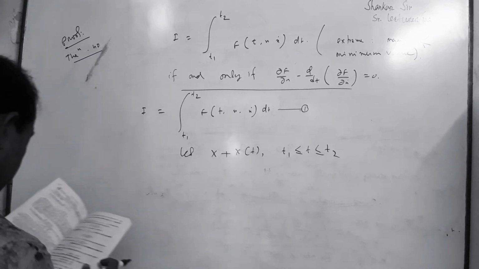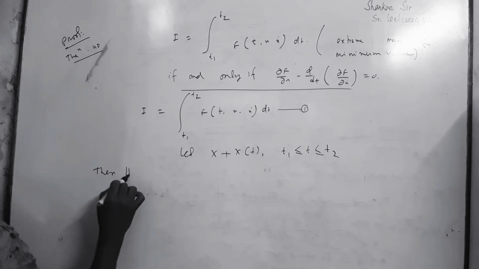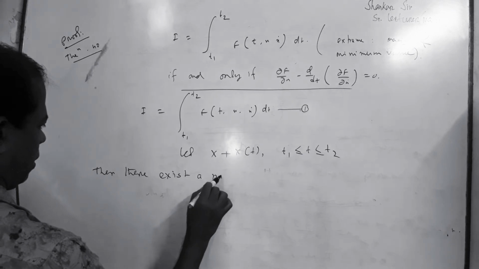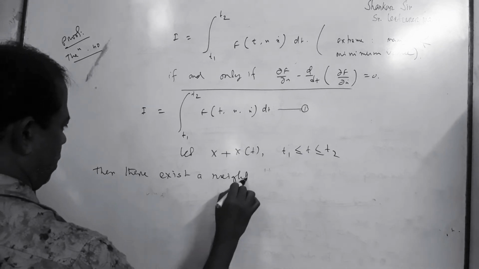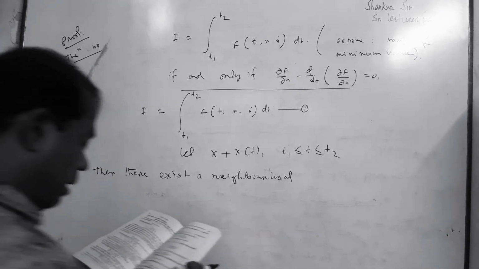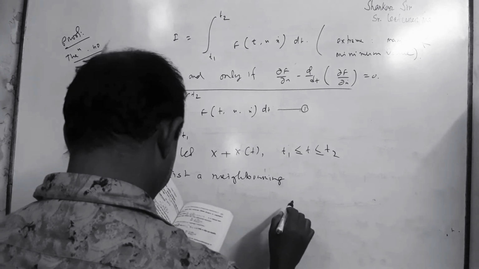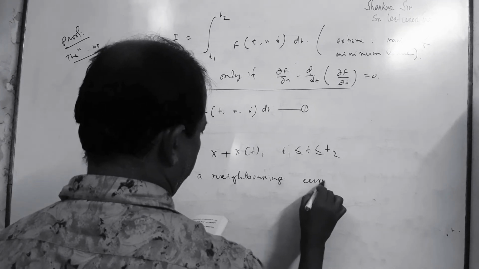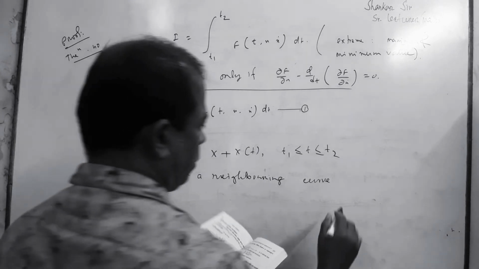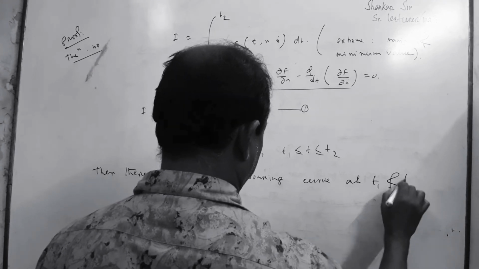Well, then there exists a neighborhood, a neighboring curve, at t1 and t2.